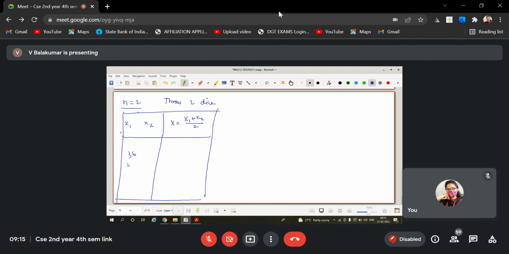Here 36 possible outcomes. So capital X can take values.